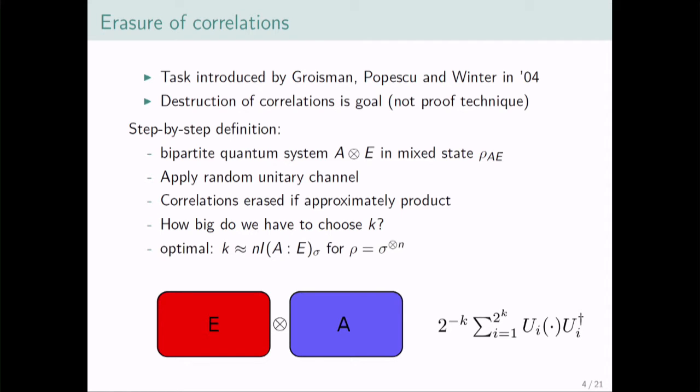And it turns out the answer is almost the same. In the asymptotic setting, we need an amount of noise in this process that is again equal to the quantum mutual information.